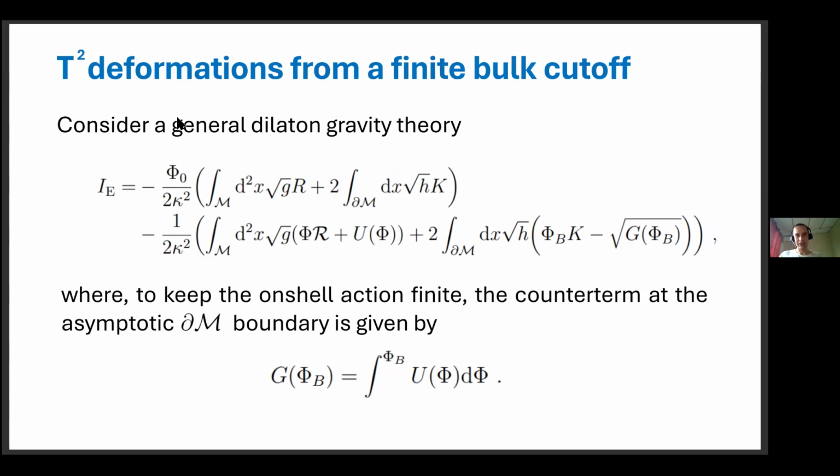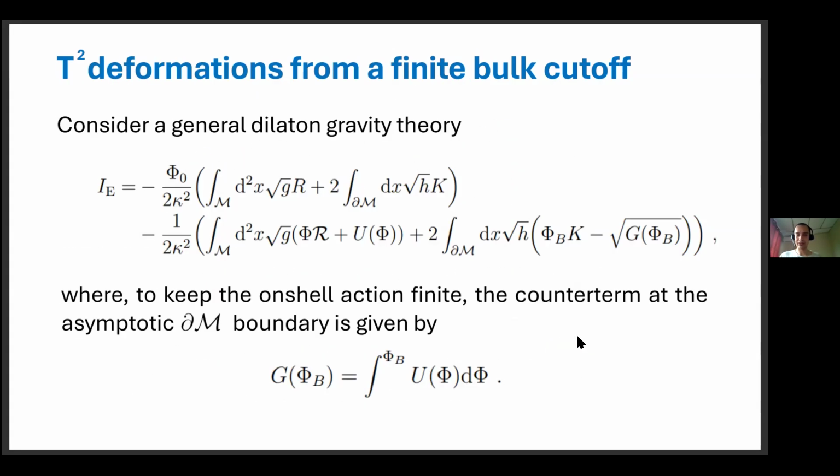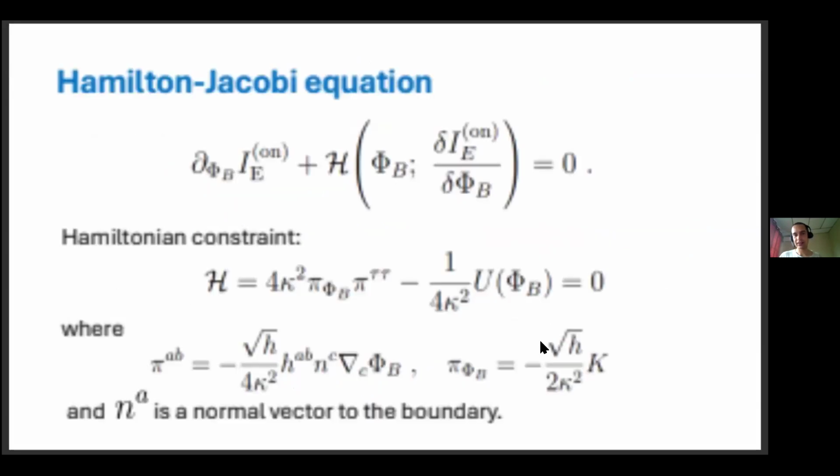So we consider this as a general dilaton-gravity theory. This is because I also study other proposals, not just the sine phi that I'll be mostly focused on in this talk. And this is how you introduce the action. There is a condition in order to obtain a finite action for general potential phi.